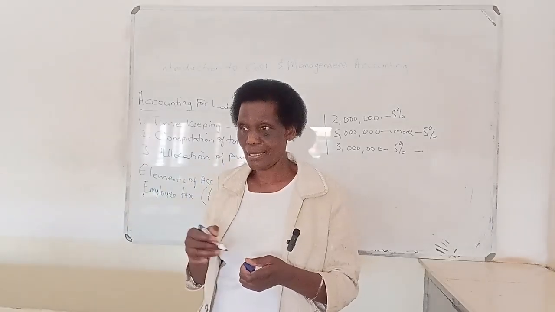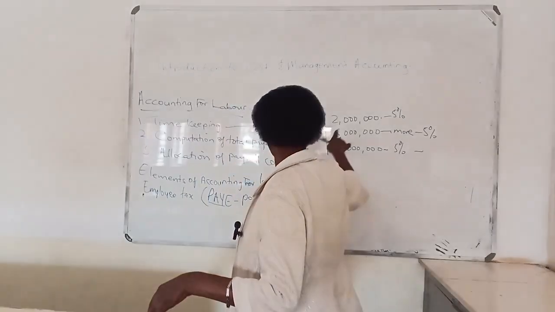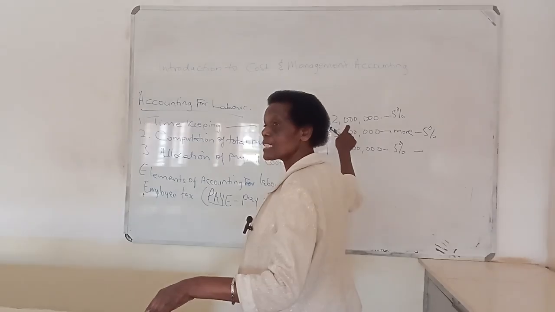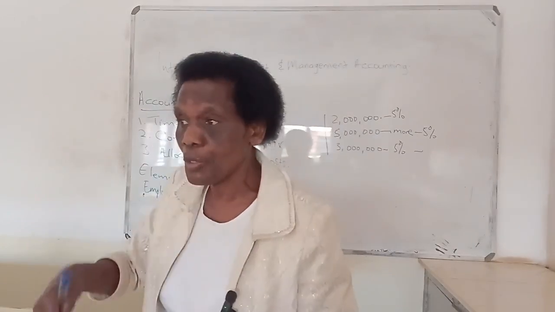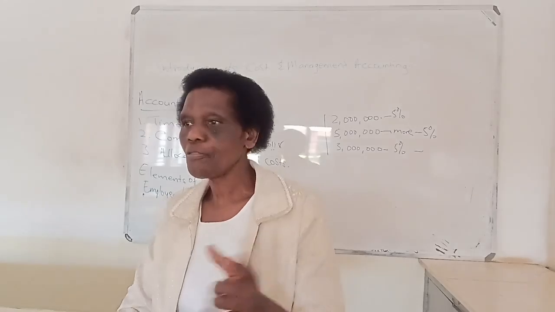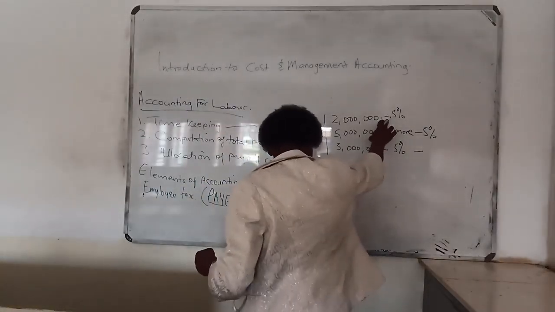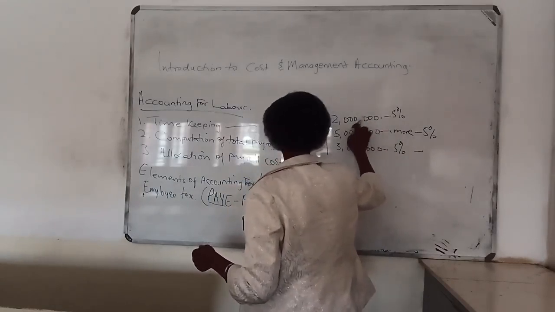This is what they're saying. You get the point? For example, we are going to deduct 5% from Loveness. If it's 10% for Loveness, the employer is going to give, let's say, 2.5% in addition to what is being deducted from Loveness. So, for example, for her, how much is this? 2 million.